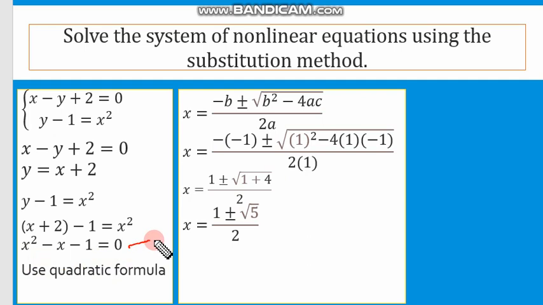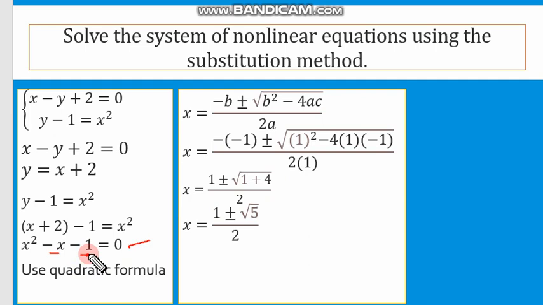If we factor this equation, x squared minus x minus 1 is equal to 0, we will think of two numbers whose product is negative 1, while if you add them, the value is negative 1. The possible combination will be negative 1 and 1, because negative 1 times 1 is negative 1.